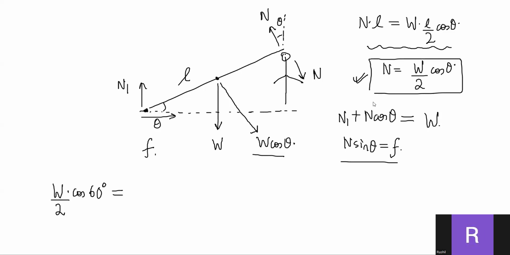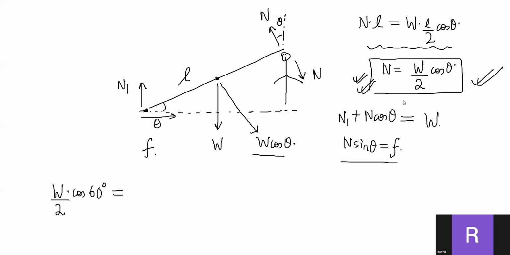That's the correct answer. Then for this one, it's wrong, obviously. By no logic can it be W by 2. It is obvious here from torque balancing that this is coming. Right. I think the typing is wrong.